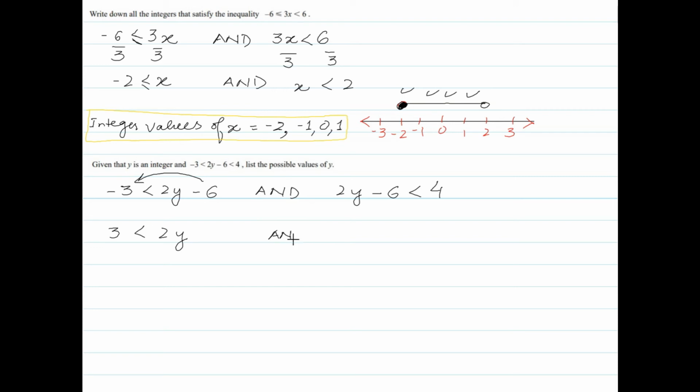And here, if you add 6 to both sides, or you move the 6 here, this will be 4 plus 6, which is 10, and 6 will be eliminated from this side. So 2y is less than 4 plus 6, that will be 10. Now let's divide both sides by 2.